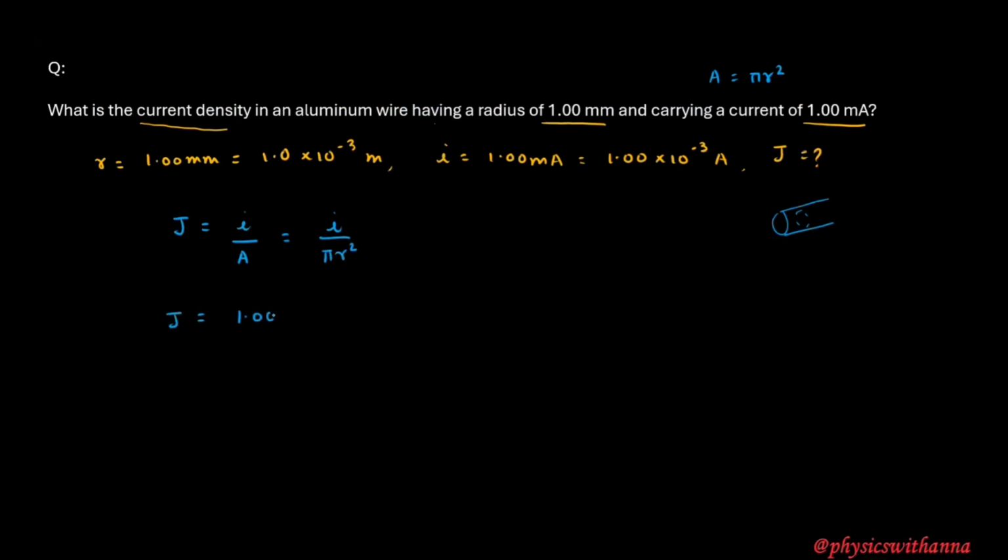I is 1 milliampere, so 1 times 10 to the power negative 3 over pi times r, which is 1 times 10 to the power negative 3, squared. Whenever a quantity is multiplied with a multiplier or a term with a power, make sure you square both the terms in that quantity and not just the value. So after you solve this, you get current density J equal to 318.3 ampere per meter squared.